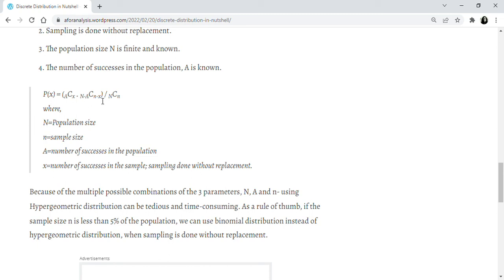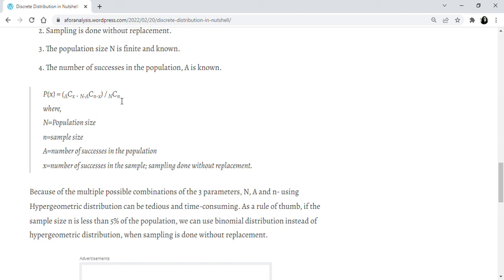N minus x is also the number of failures in the sample. Now this is divided by NCn, how many ways I can select a sample of size small n from a population of size capital N. So these are all three combinations and this is the formula.